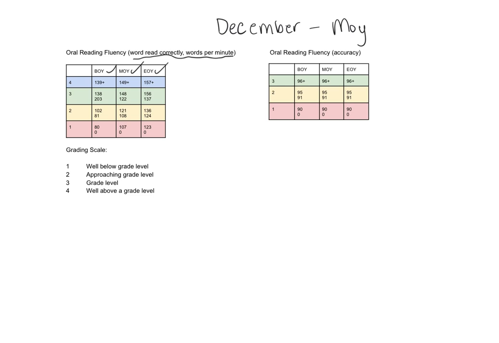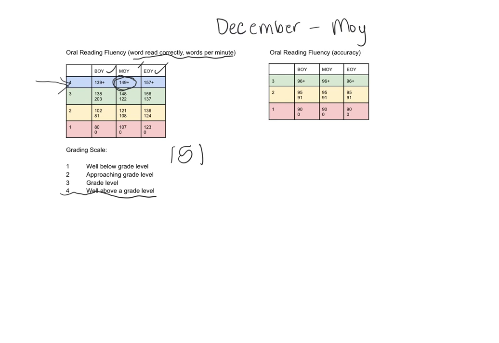And my student read 151 words correctly in 1 minute. So middle of the year, that would put me right here. Okay, and so that band is the blue band, the 4, well above grade level. So if he did 151 words correctly, that's where I got that 4 from.